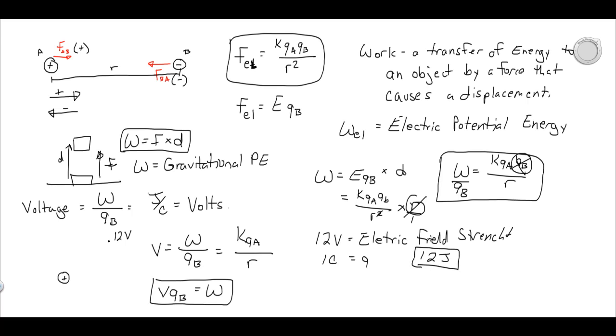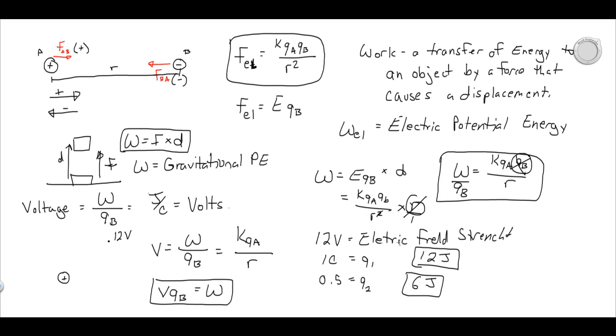So it has an electric potential energy of 12 joules. If I had a half of a coulomb of charge, well, then it has an electric potential energy of only 6 joules. All right, and that's because 1/2 times my voltage, which is 12, gives me 6 joules.